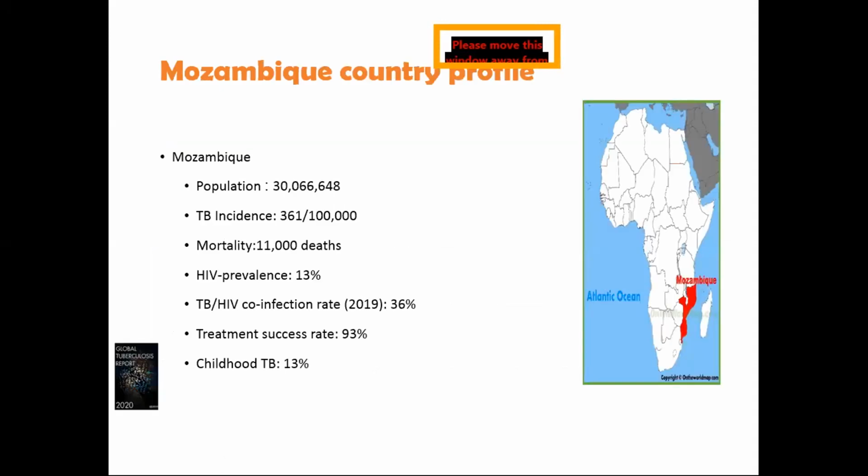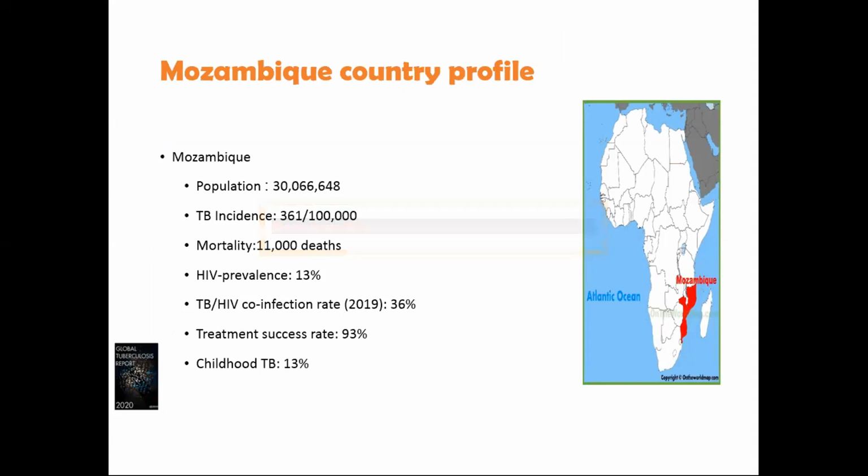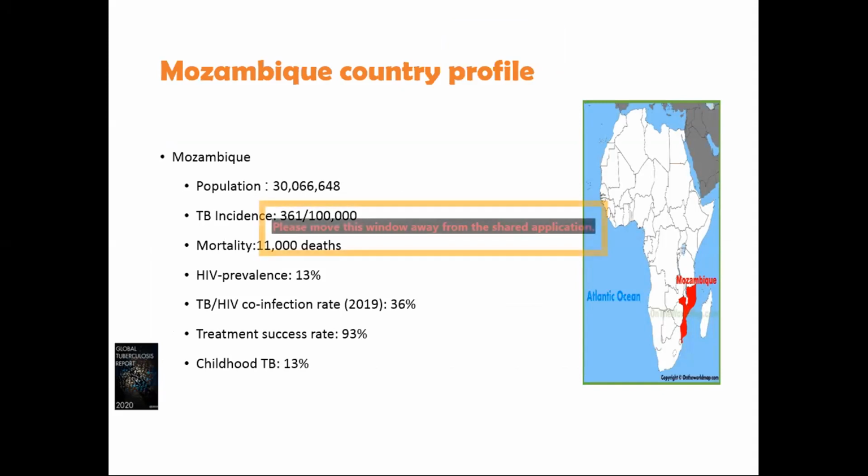So Mozambique is located in Southeast Africa. We have a population of about 30 million. The PTB incidence is 361 per 100,000 population. The mortality in 2019 was 11,000 deaths.